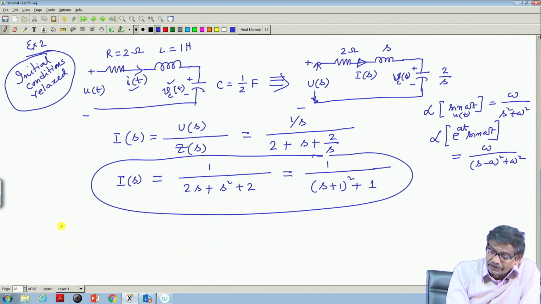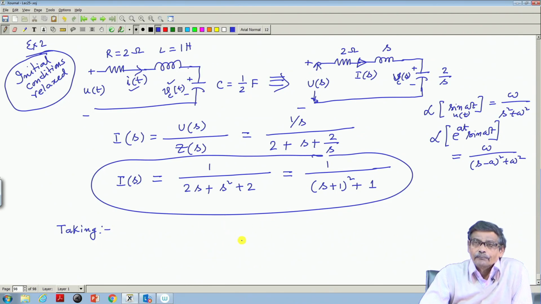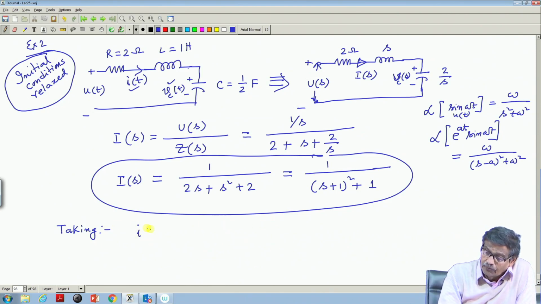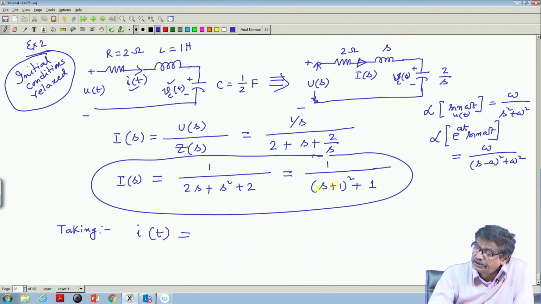So, taking Laplace inverse straight away, because the moment I know it is in a known form, therefore, I will say i t will be equal to the Laplace inverse of this quantity, which is going to be e to the power minus a t, here plus term is there, minus t, into sine of, what is the value of omega? 1 means 1 square, and here also 1 is there.